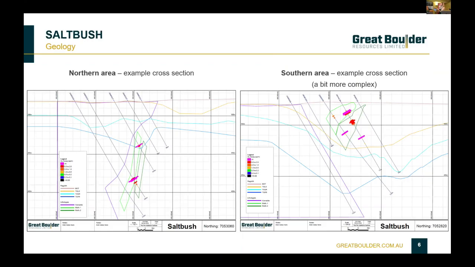But for the northern area, we know that the gold mineralization is dipping steeply to the west. And there's also a large komatiitic unit that sits on top of the mineralization to the west as well, in that green, in the purple line. And you can see how the structure is affecting the weathering profile over to the east.